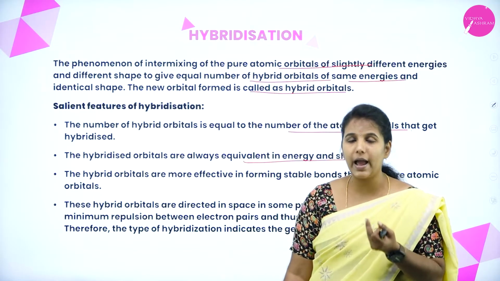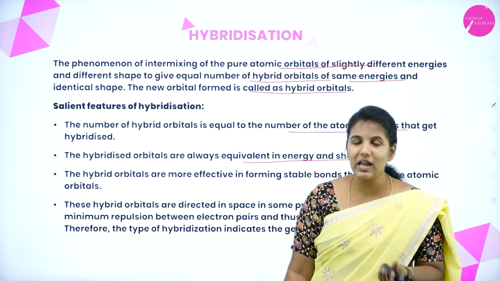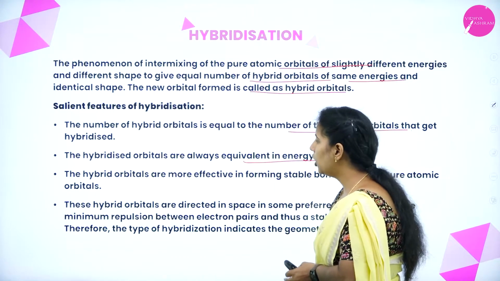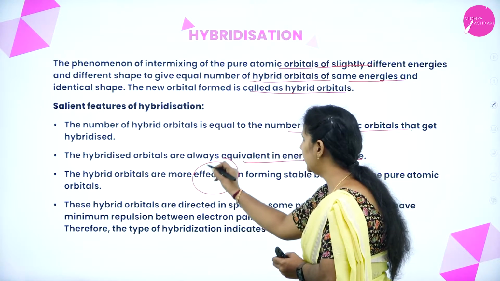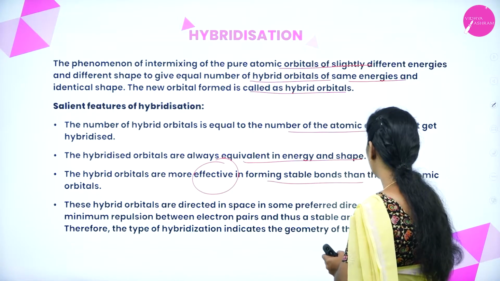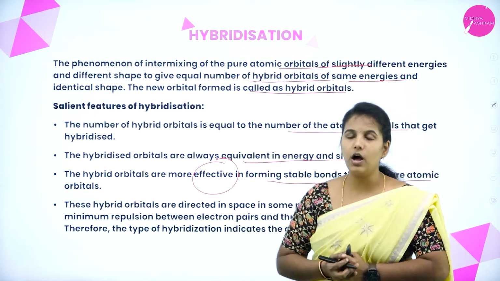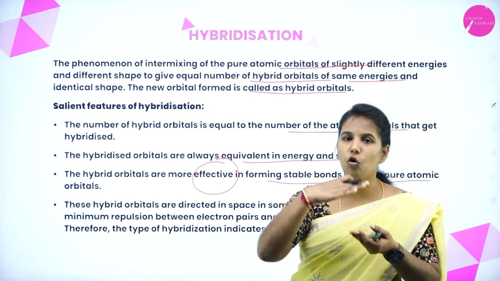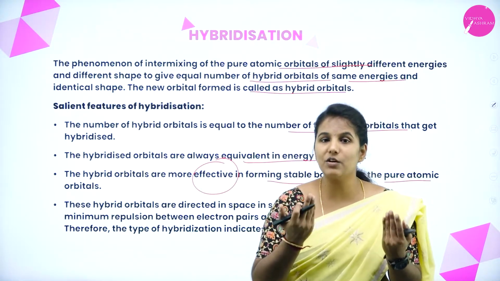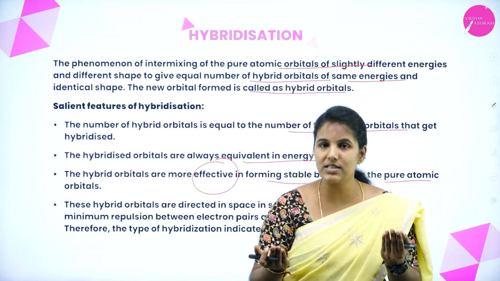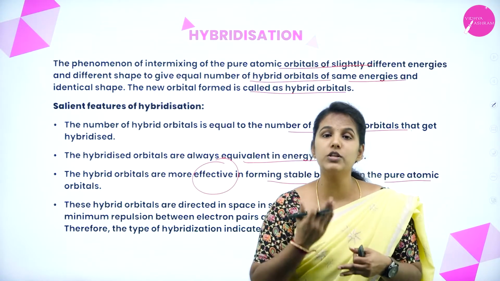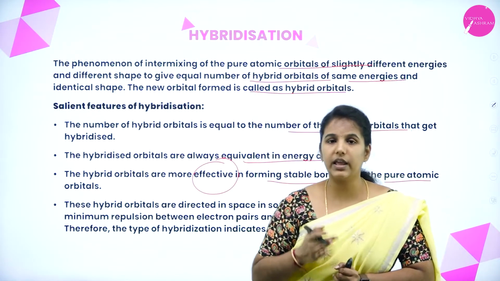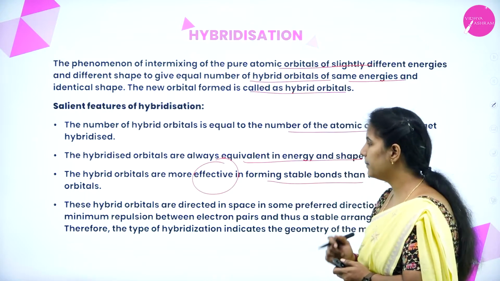So when you get those hybrid orbitals, they have equal energy and equal shape, and hybrid orbitals are more effective in forming stable bonds than pure atomic orbitals. When the pure atomic orbitals overlap, it results in the formation of hybrid orbitals. Is it right? These hybrid orbitals are more stable when compared with pure atomic orbitals. This is one thing that you need to remember.